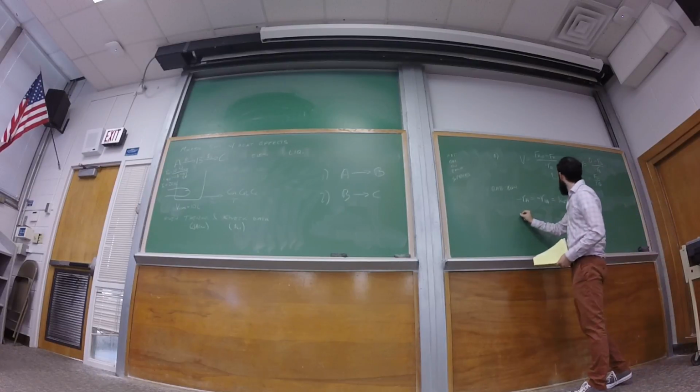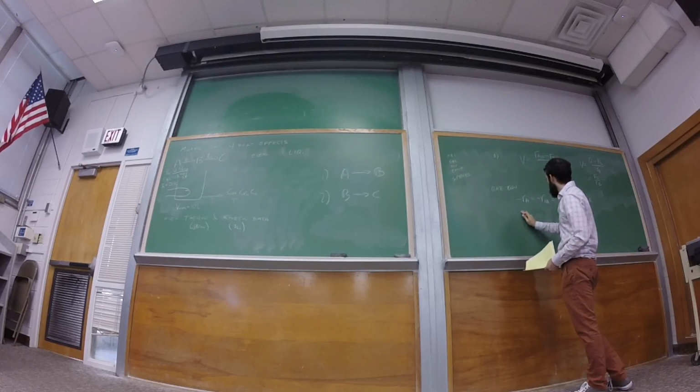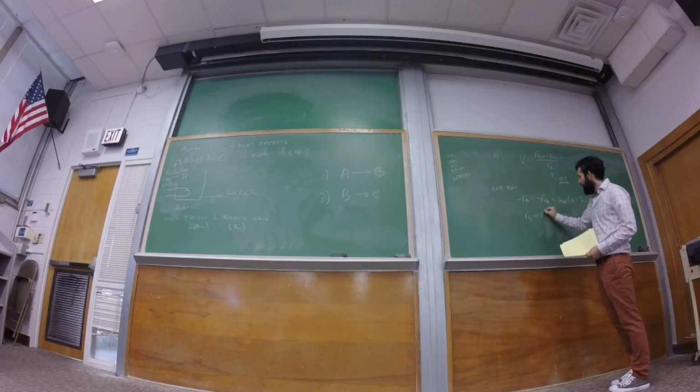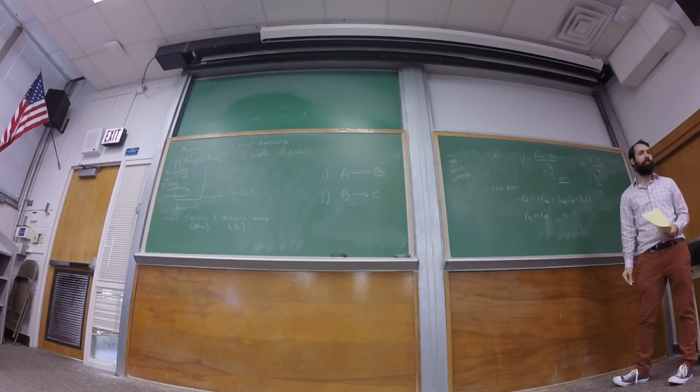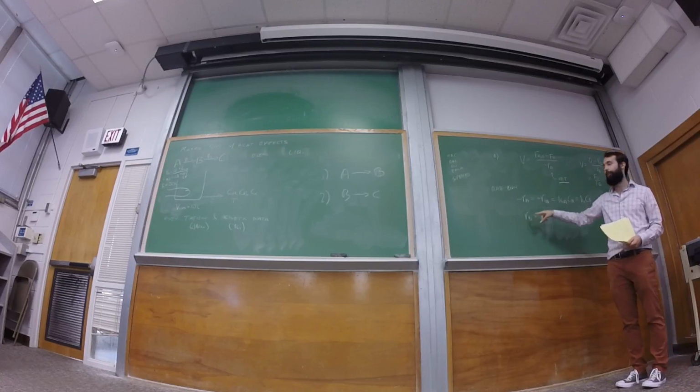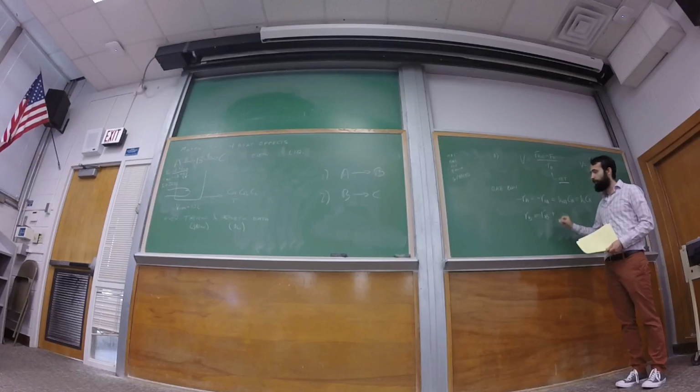Okay, now what do we get for B? R1B, but we're going to put 1B to start. So we're just saying how much, we're looking for the total amount of B produced. So the first thing we're going to do is have the amount of B produced in reaction 1 plus negative R2B.